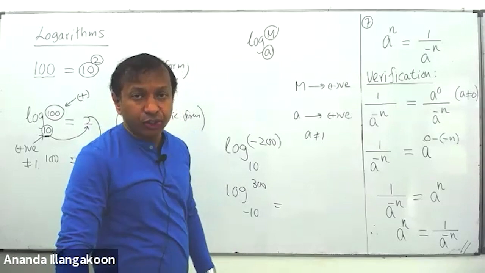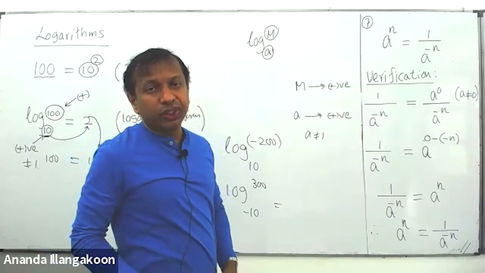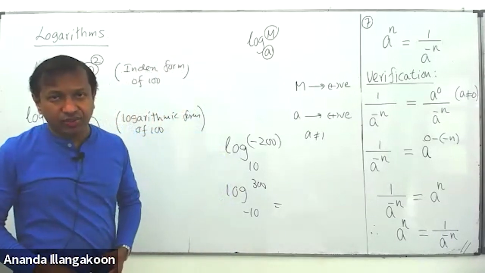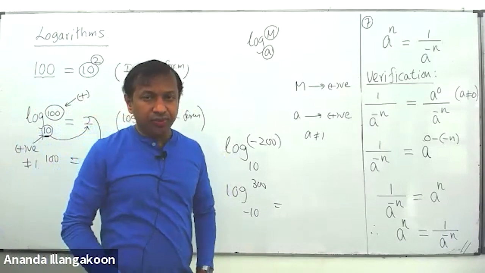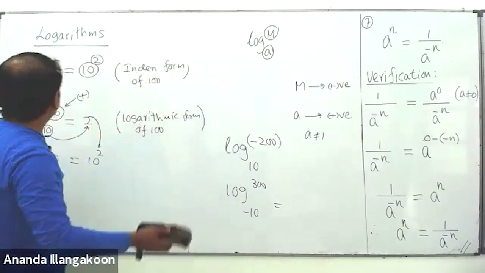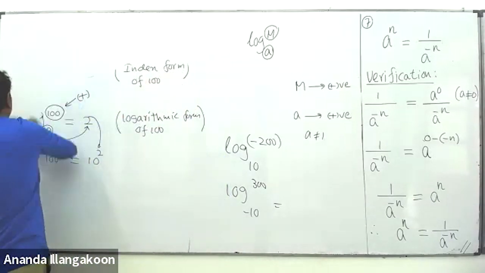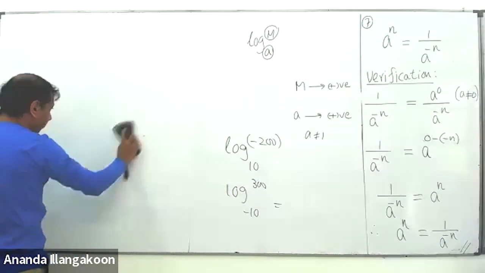It should always be positive, which is not equal to 1. Understood? So they are the conditions or the rules we have to follow in writing logs. People will take down a brief note regarding this, right? Okay. All right. So under these logarithms, we'll write a brief note.